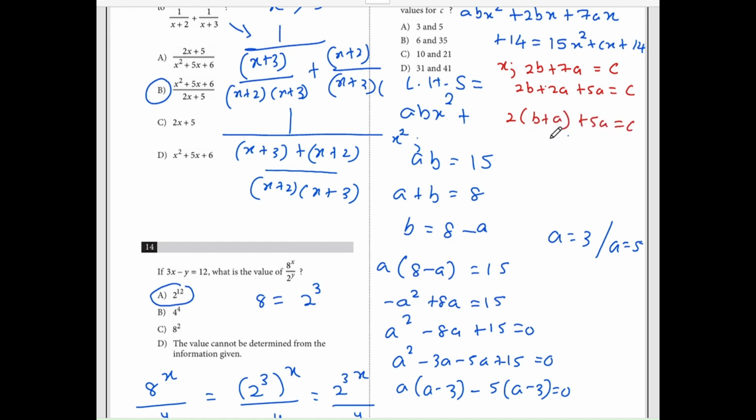Instead of b plus a we can substitute 8. Here it is given as 8, then 8 into 2 is 16 plus 5a equals c. If a is 3, then we get c equals 16 plus 15 is 31, and if a equals 5, then we get 25 plus 16 is 41. Then the answer should be D.